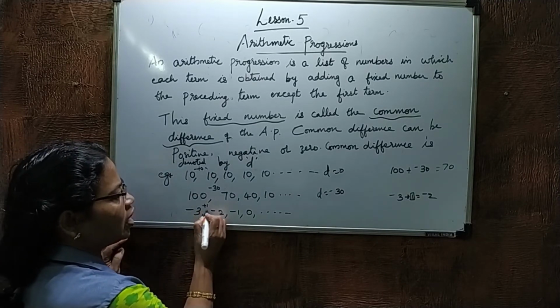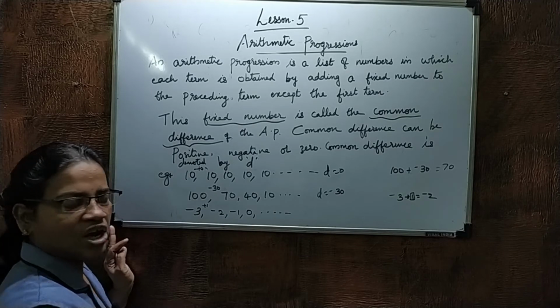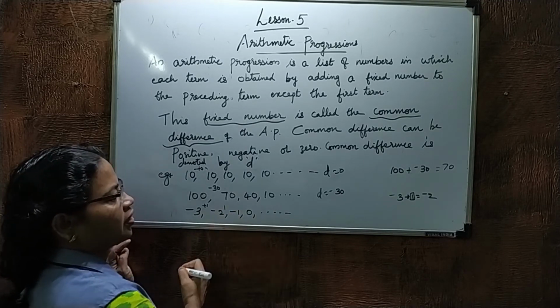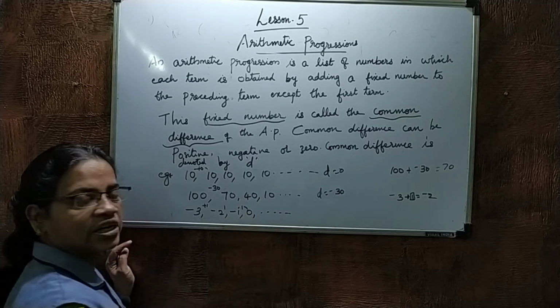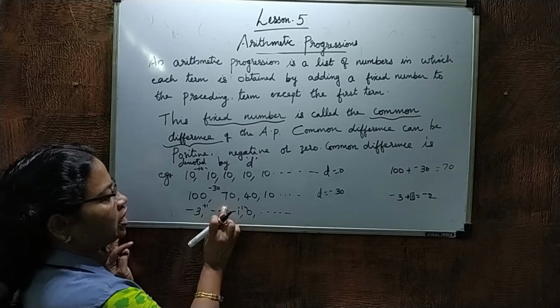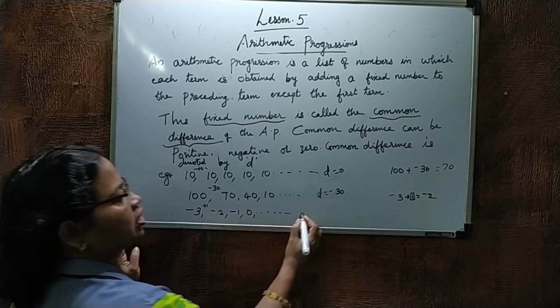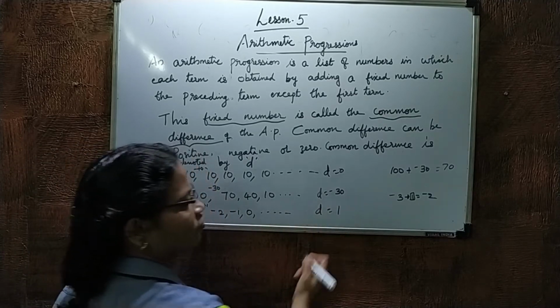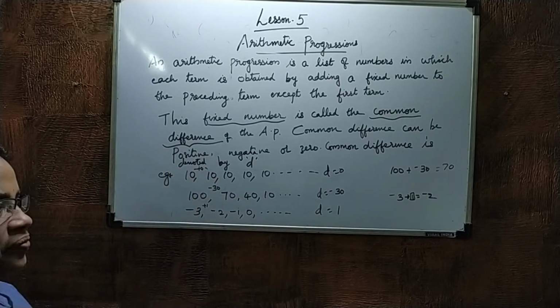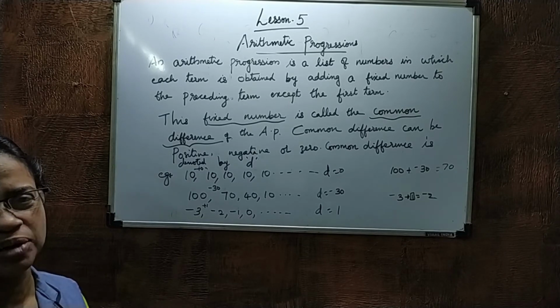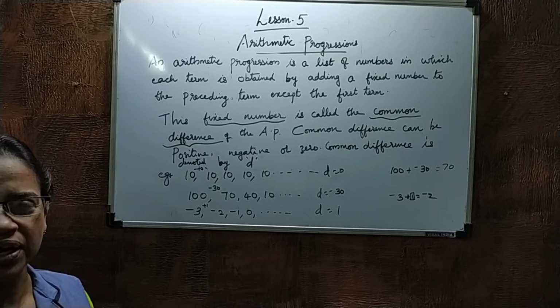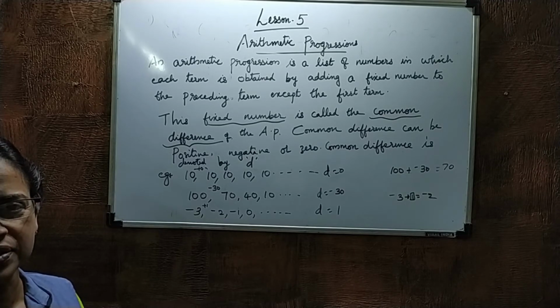So, plus 1 is the answer. Common difference is 1. So, negative 1 plus 1, you will get the answer 0. So, d is equal to common difference, and common difference is 1. Clear? What all things you have to remember? Only one thing you have to remember, only common difference. Right? How will you get the common difference?